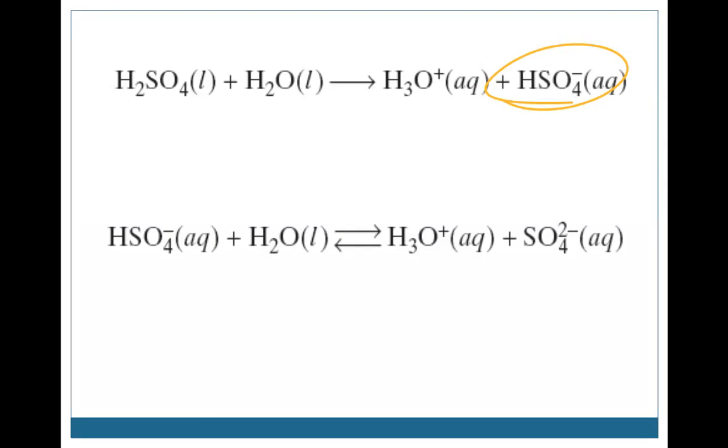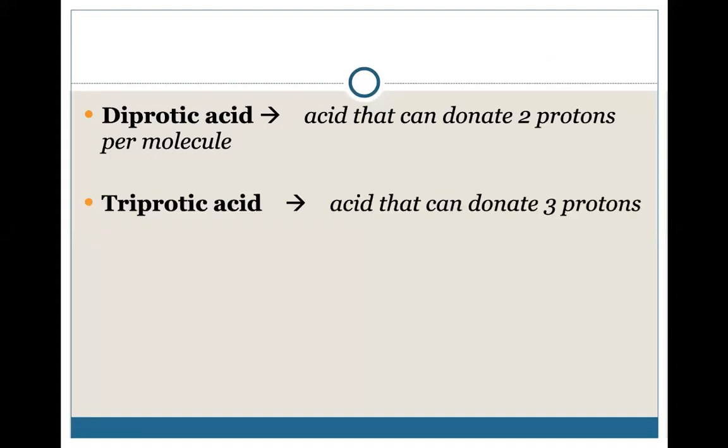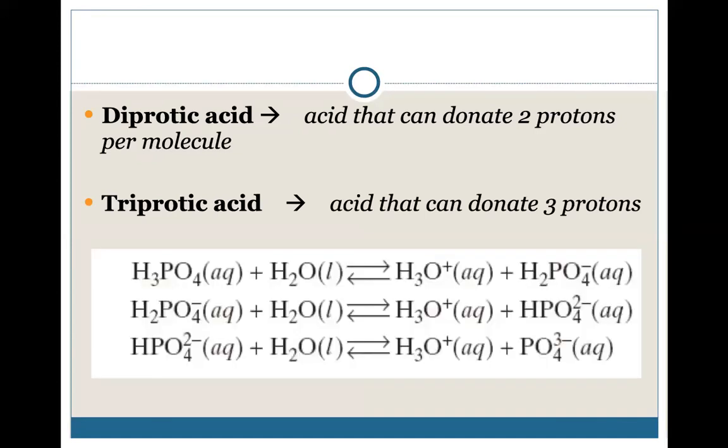For phosphoric, obviously, it occurs in 3 stages. So sulfuric acid is a diprotic acid and phosphoric acid is a triprotic acid. So here are the 3 stages of phosphoric acid ionizing and giving up their protons 1 at a time.